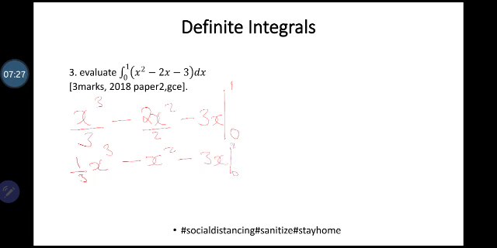So we substitute with what we have up there. We're going to have 1 over 3, 1 to the 3 minus 1 squared minus 3 times 1. All of them have x's. If I substitute the lower bound, which is 0, I'm going to have a 0. So it's just as good as having everything here minus 0.